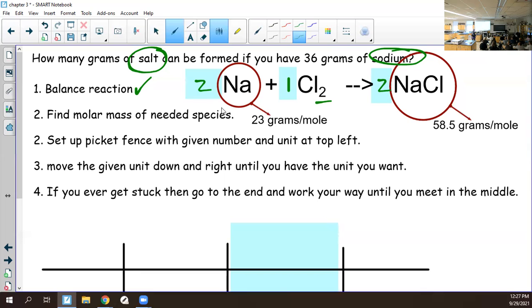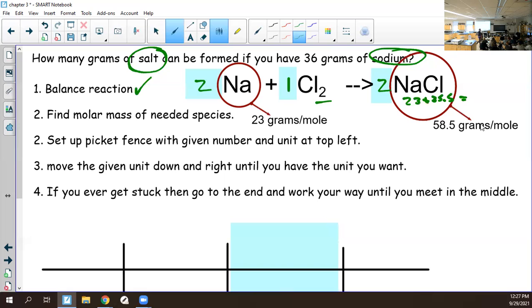So I'm going to go find on the periodic table the mass of sodium. And I'll see it's the big number in the Na box. It's 23 grams per 1 mole. You okay with that? And NaCl is 23 plus 35.5, and I'm rounding. And that's where I got the 58.5 grams per mole.